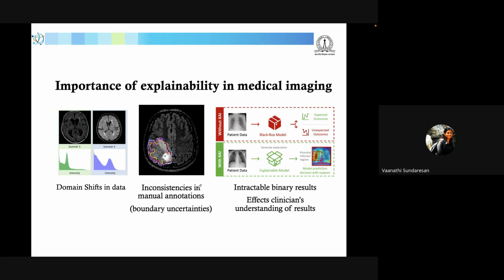The second one is inconsistencies in manual annotations, right? Let's say that you ask 5 experts to mark a tumor region. From my experience, I can tell you that all 5 experts will not mark the tumor region in the same way. It depends on the radiologist's experience, and even their level of tiredness, because the more tired you get, the more mistakes you tend to make, and their underlying philosophy, right?